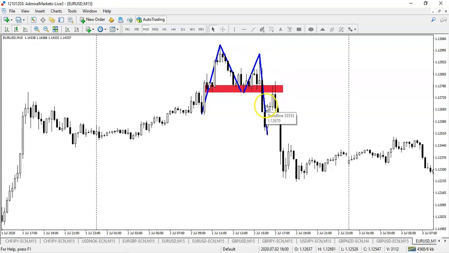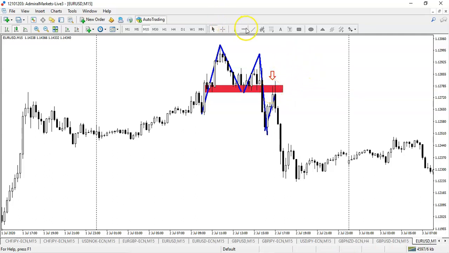Now when this is dropping, don't panic or rush to enter the market. Wait for a retracement. It will have to retrace to retest the neckline, and that should be your entry point. When you see a test on the neckline, this should be your entry point to place a sell.